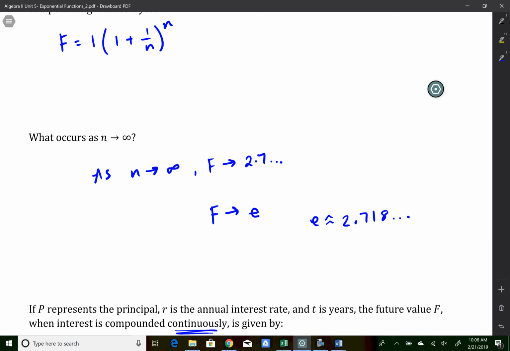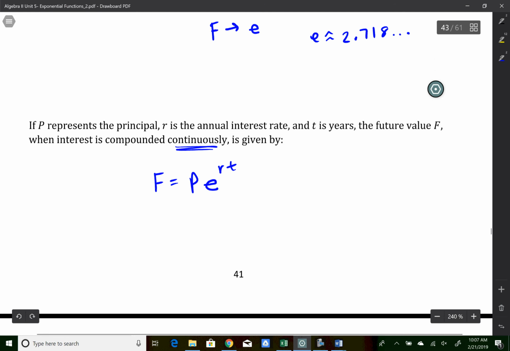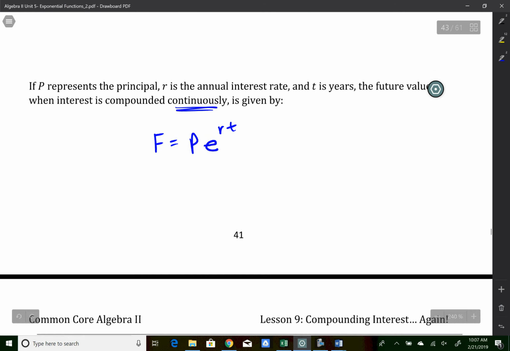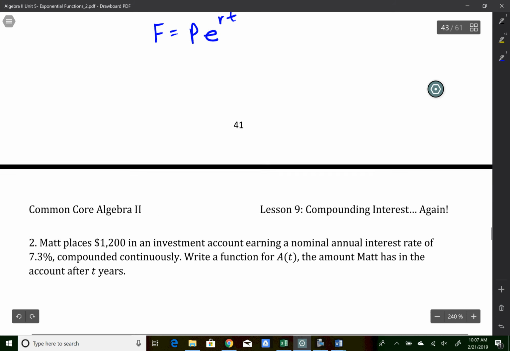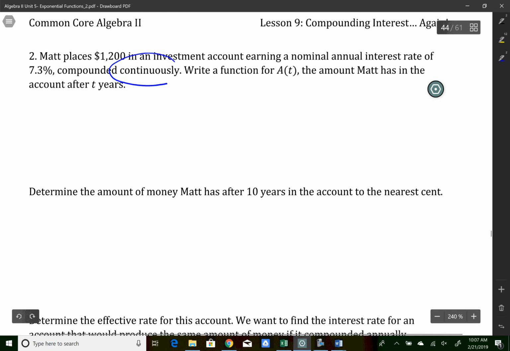Fortunately, you don't ever have to do this part again. It's just good to know where e comes from. Now we just have to know how to use this function, which I'm going to call the PERT equation, P-E-R-T. That's an easy way to remember it. We'd use this as soon as we see the word continuously.